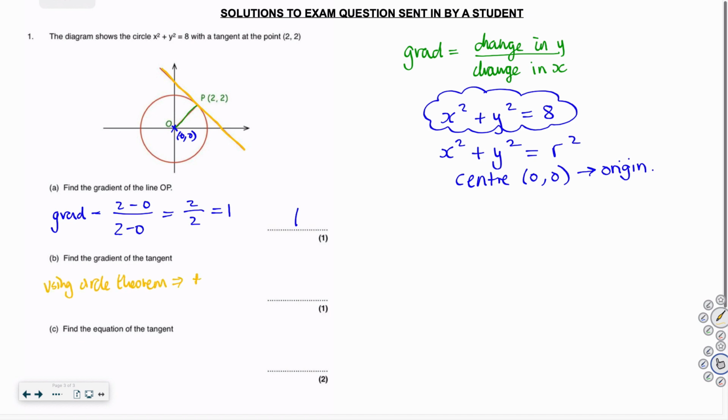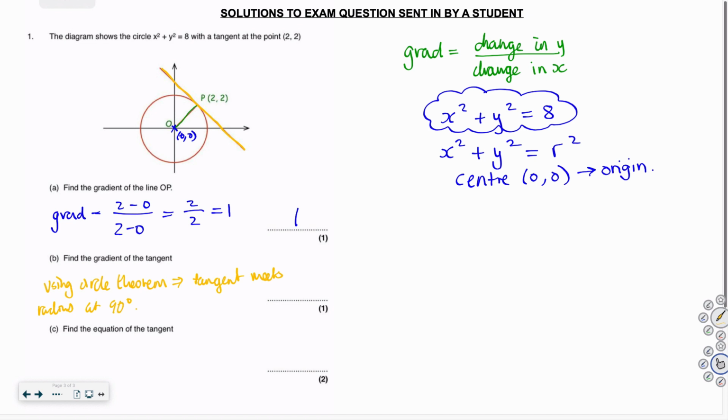is: the tangent meets the radius at 90 degrees. So what do we know about lines that intersect at 90 degrees? Because the tangent and the radius do that.